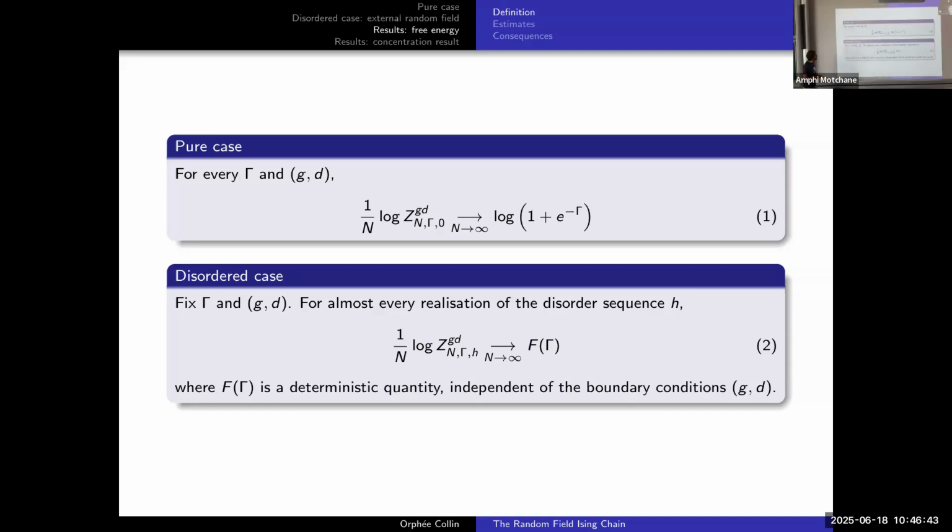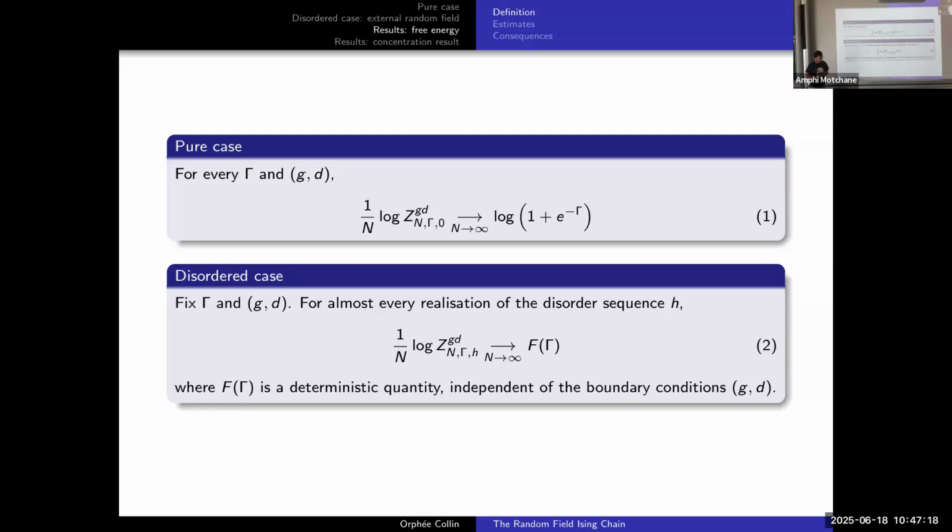And in the disordered case, we can show that there is a limit, so there is a free energy. So for almost every realization of the disordered sequence, we're going to have the convergence towards some quantity f(gamma), which does not depend on the sequence. It depends only on the law of H and on gamma, but it does not depend on the boundary conditions.